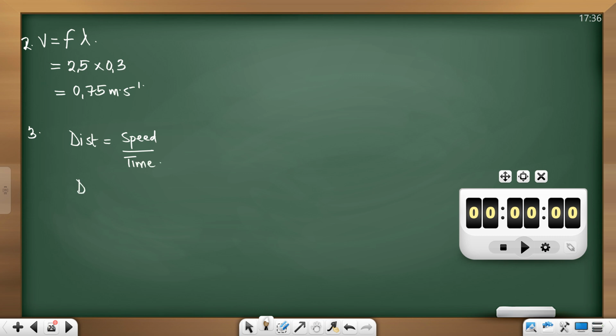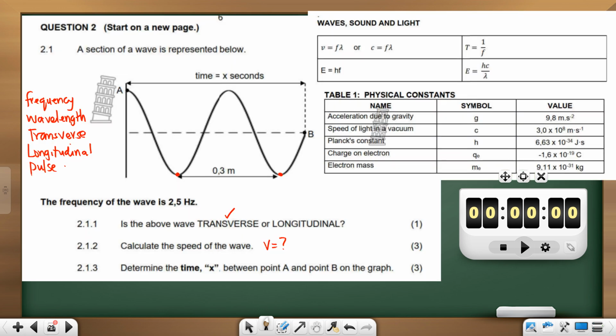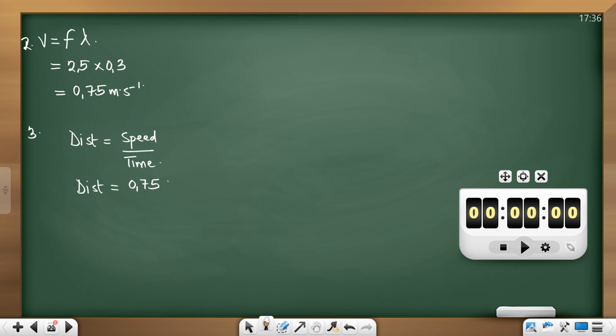Okay, I don't know the distance. That's what I'm looking for. No, I'm looking for what? Time. Sorry. I'm looking for time. The question is, what is the distance of this wave? Let's go back, everybody.